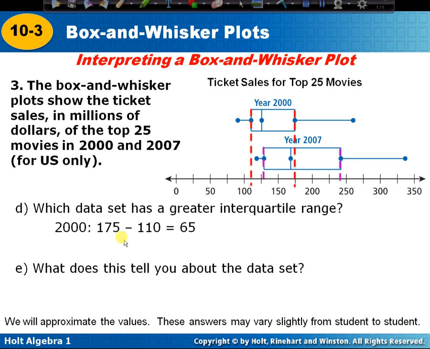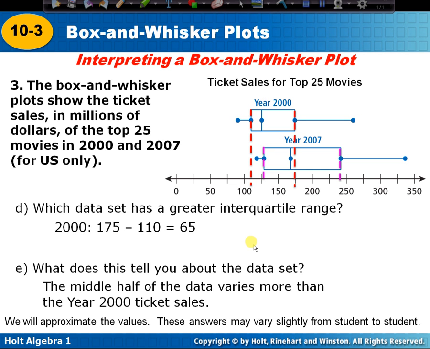Year 2000 has 175 minus 110 for its IQR, which is 65. And for year 2007, we have 240 minus 130, which is 110. So 2007 has the greatest interquartile range.